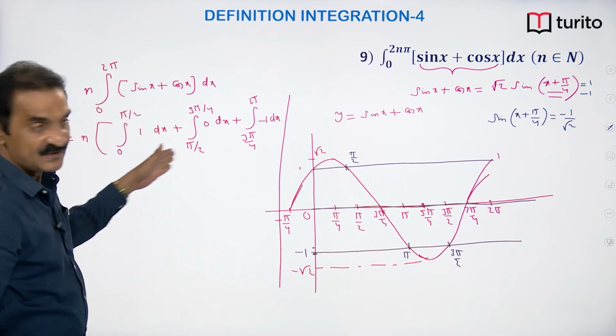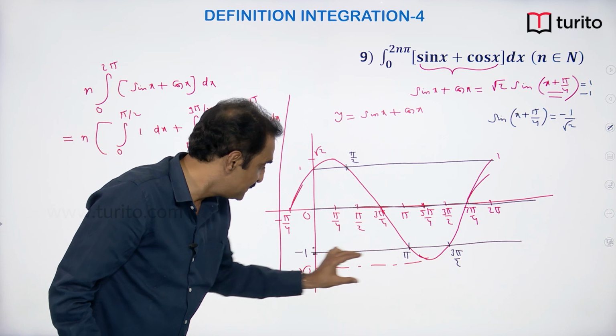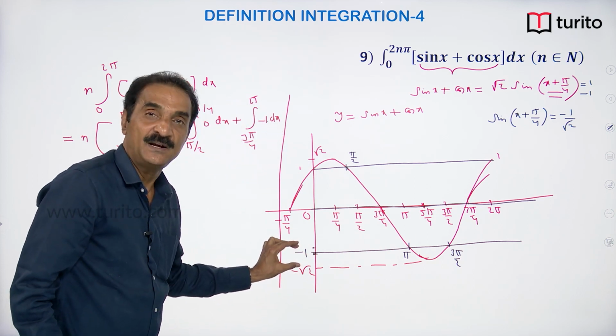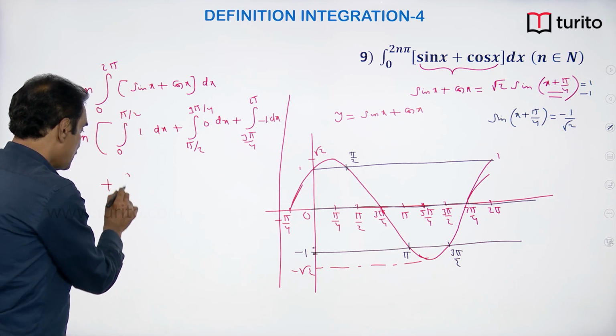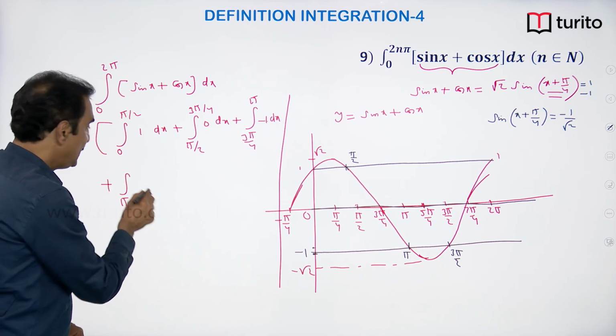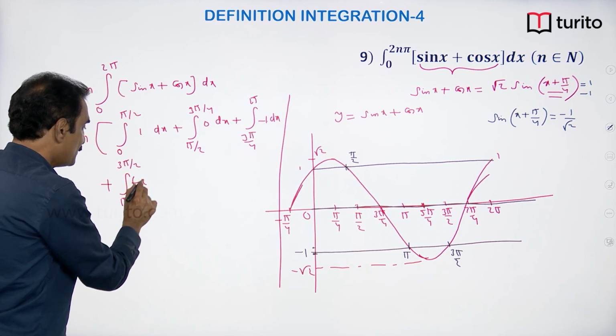I will write the remaining integrals here. Pi to 3 pi by 2, it lies between minus root 2 and minus 1, integral part is minus 2, plus pi to 3 pi by 2, it is minus 2 dx.